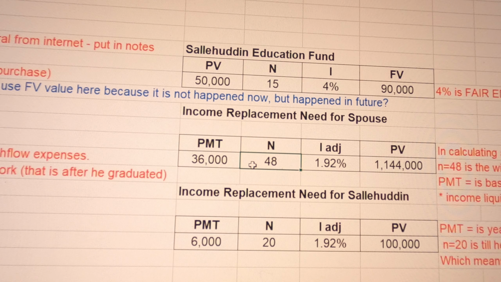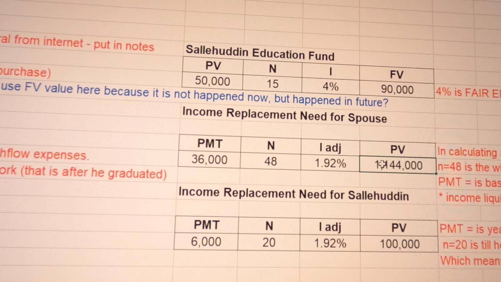So possibly the wife just wants to have it up to the retirement age, or if the wife wants it for the whole life, up to the life expectancy age, then it will be a very, very huge amount of PV that we are going to calculate here.